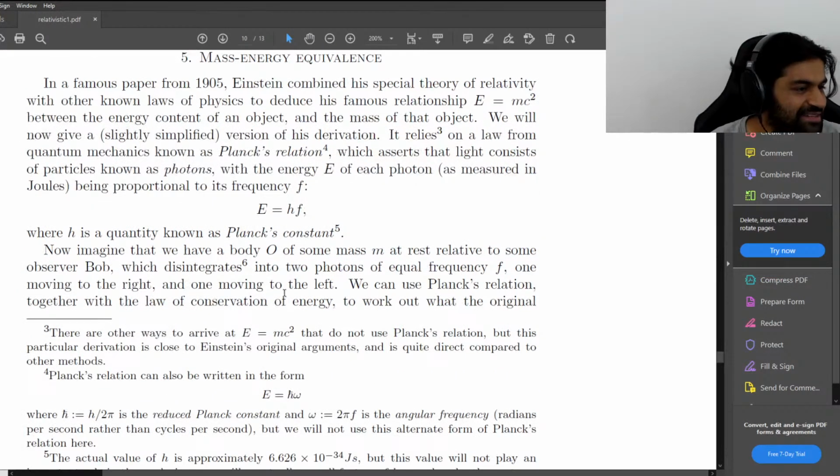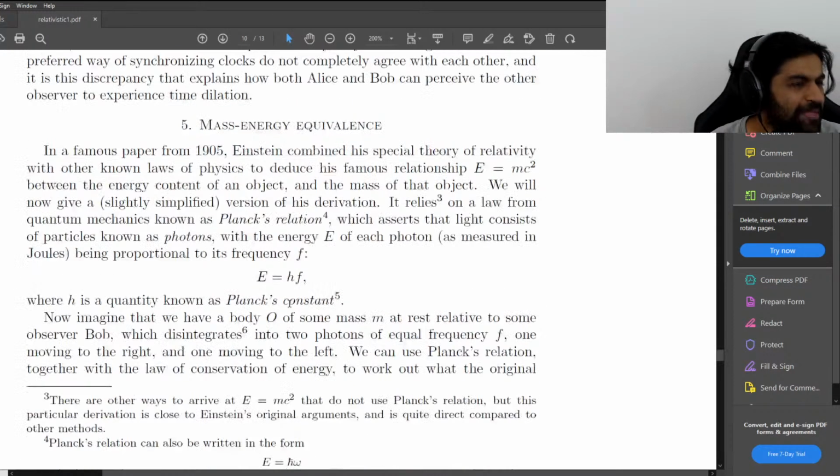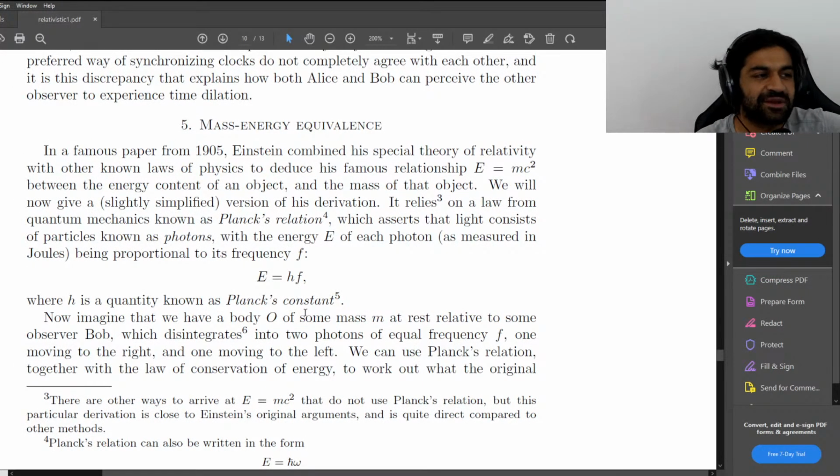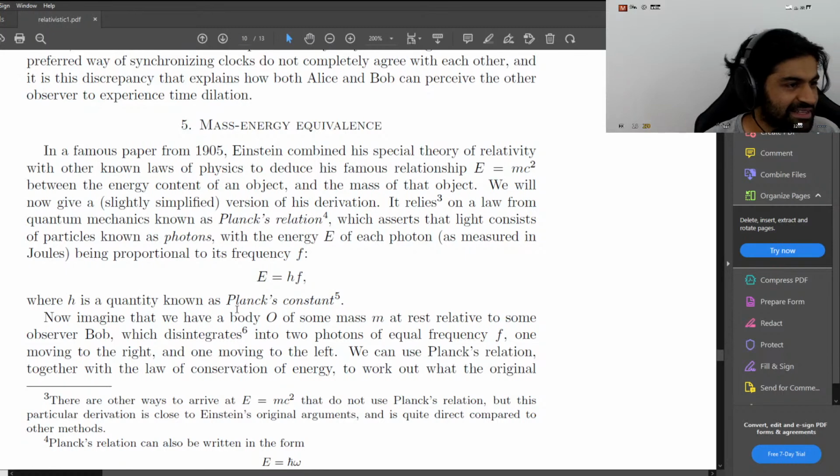I'm not sure if Einstein used exactly this, but I think he used something like it. Remember, this is supposed to be close to Einstein's derivation, and the attempt is to make things as simple as we can possibly make them. Okay, so hopefully that's clear.